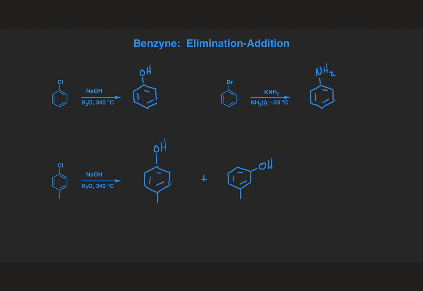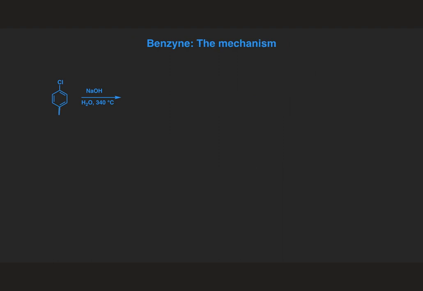And in this case, we get a meta substitution rather than a para substitution. And in order to explain that, we have to look at a different mechanism. And the mechanism of benzyne goes through an elimination-addition mechanism.